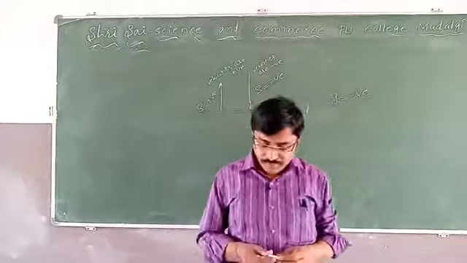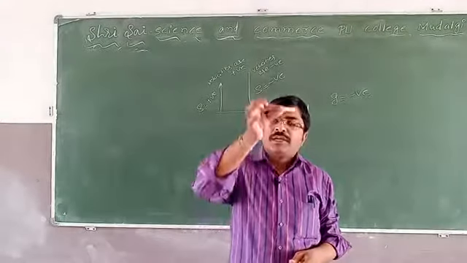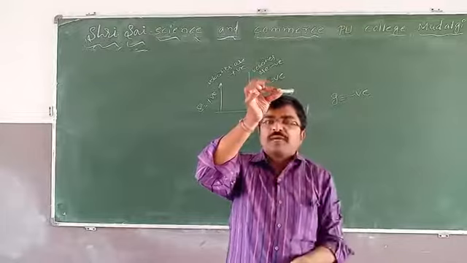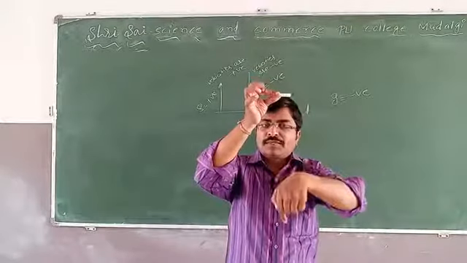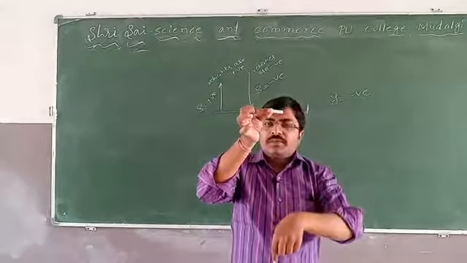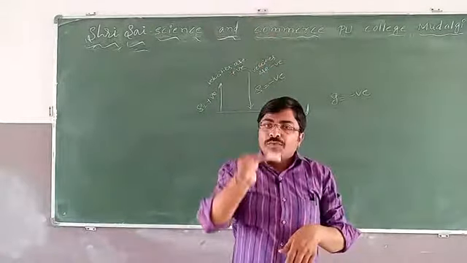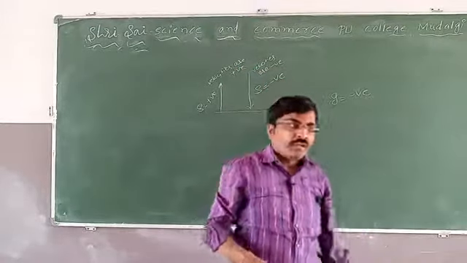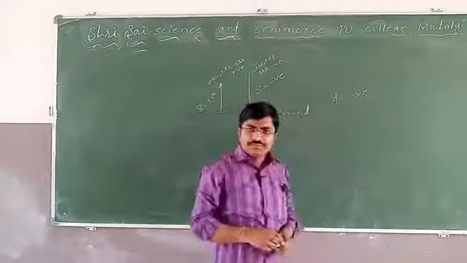The g value is always taken as negative. Why is it negative? When the object is moving upward, the acceleration due to gravity is acting downward. When the object is moving downward, acceleration is also acting downward. Therefore its value is always negative.